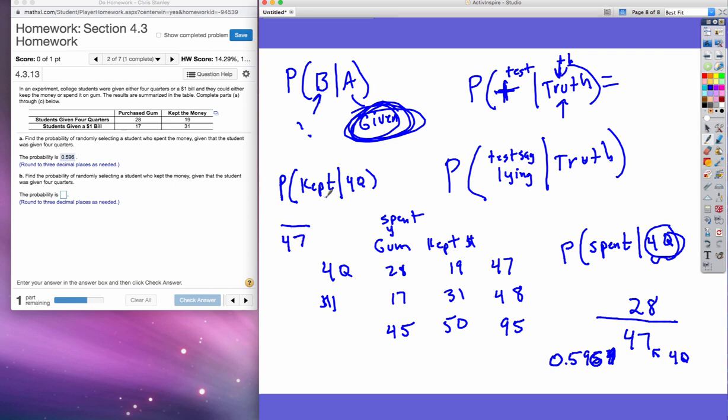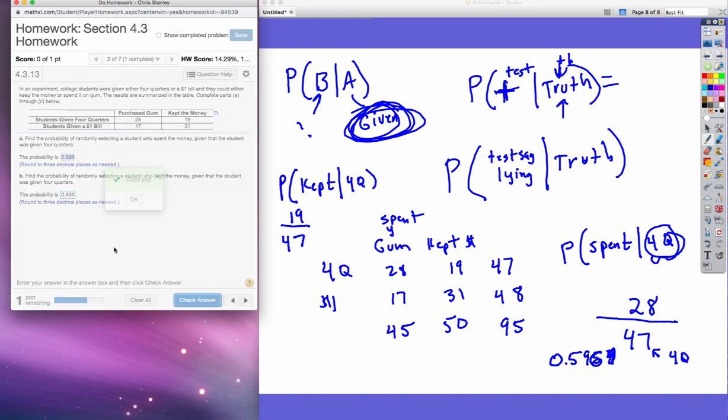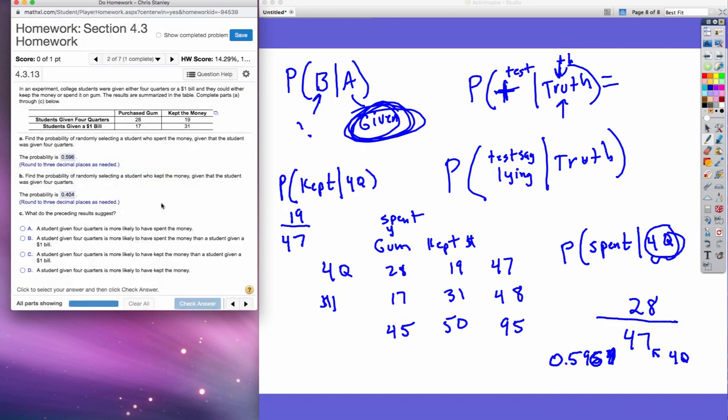This would just be like the opposite. This is everybody else, so that's 19 over the 47. It's like the opposite of what we just did. They want 3 decimals, so 0.404, which is the complement of what we just did.